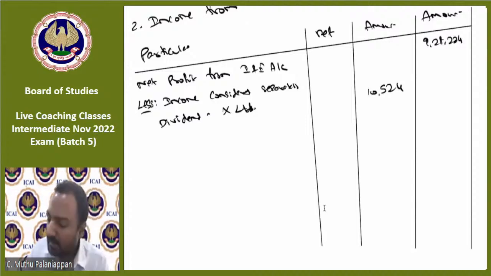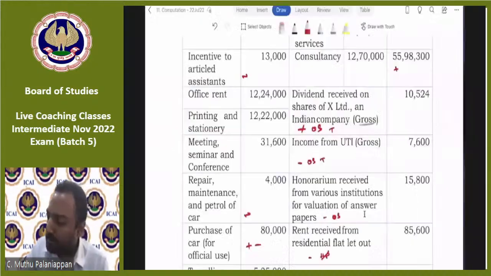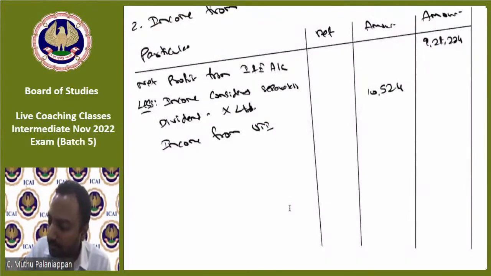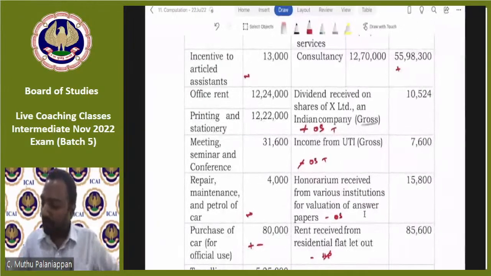Next, what did we say? Income from UTA, correct? So what is income from UTA? Income from UTA is 7,600. This also I'm striking off. And then you add honorarium.